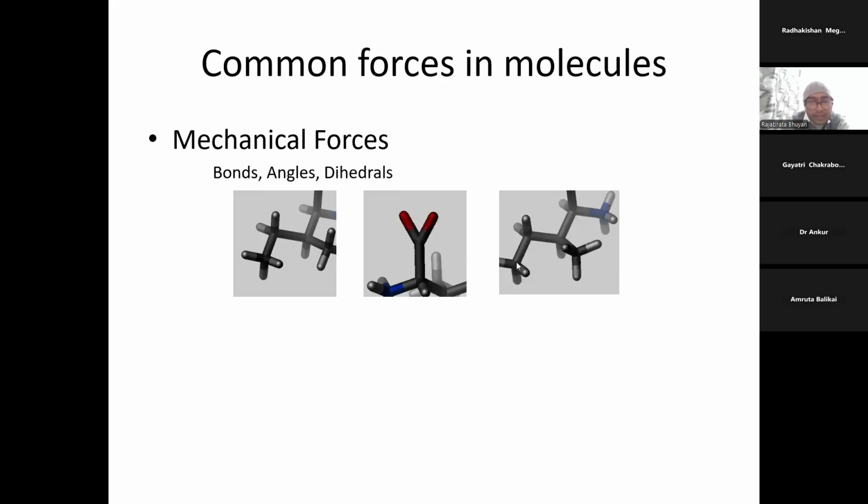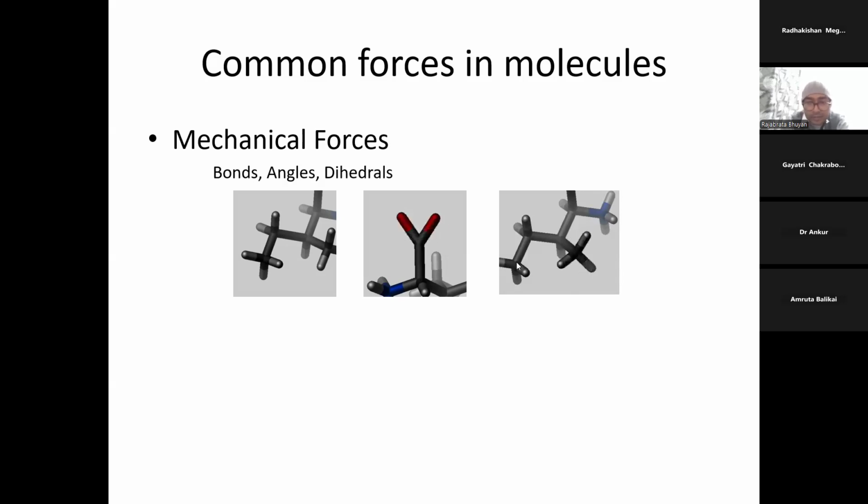And all these things, bonds, angles, and dihedrals, are present in the proteins, and they are actually not fixed. When we deal with any static structure, we can see that bond distance, the angle between three atoms, and the dihedrals, which is the angle between two planes, are fixed. In case of a static structure, they are fixed, but in nature the molecules are not fixed.